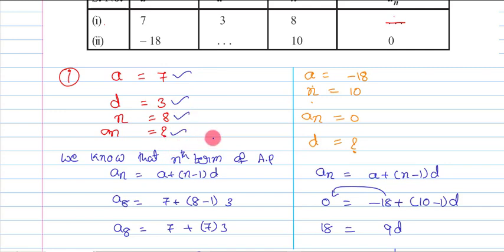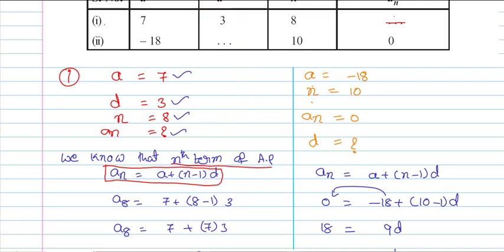In order to answer this question, you must be aware of an important formula, that of the nth term of an AP: an equals a plus (n minus 1) into d.